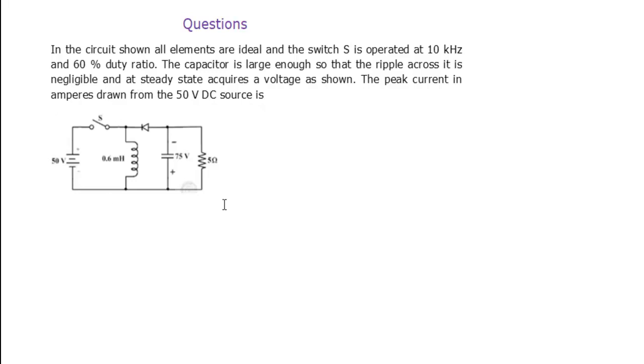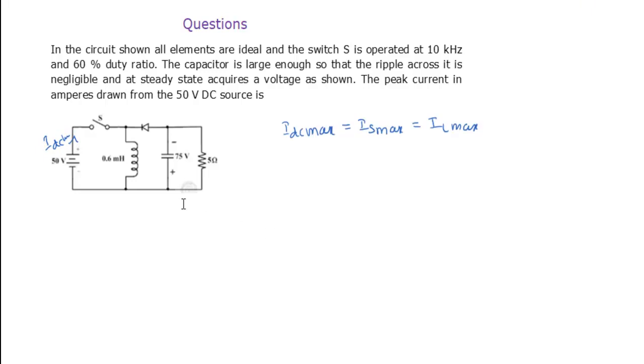Okay, that's what we need to calculate. So here again we are asked about the peak current supplied by the DC source. That means it is asked what is the peak value of ID max.